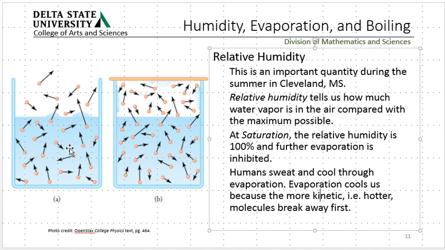It makes it hard for us to cool evaporatively, so it feels hotter because we can't shed the heat, and it feels like we're sweating more, although we're probably sweating a little bit more. But we sweat when it's dry. We sweat in the desert, but we don't have sweat all over our clothes because it evaporates right away. So when we talk about the temperature that it feels like, it's all because of relative humidity and what that does to our ability to cool evaporatively.